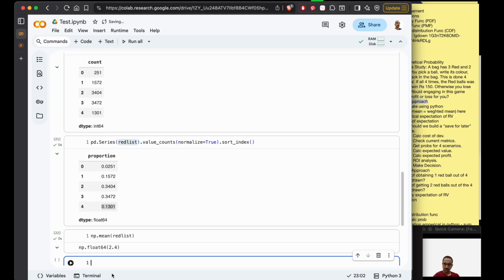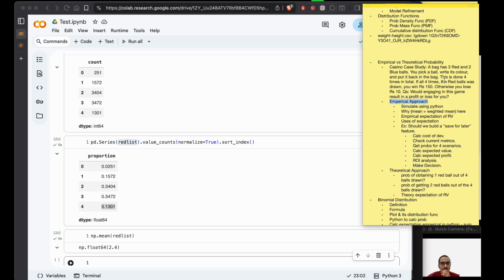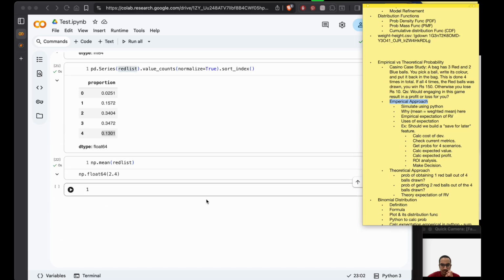This is the expected number of reds we will get when we try to pick 4 times. We will get an average of 2.4 reds. Now why is this 2.4 reds important?